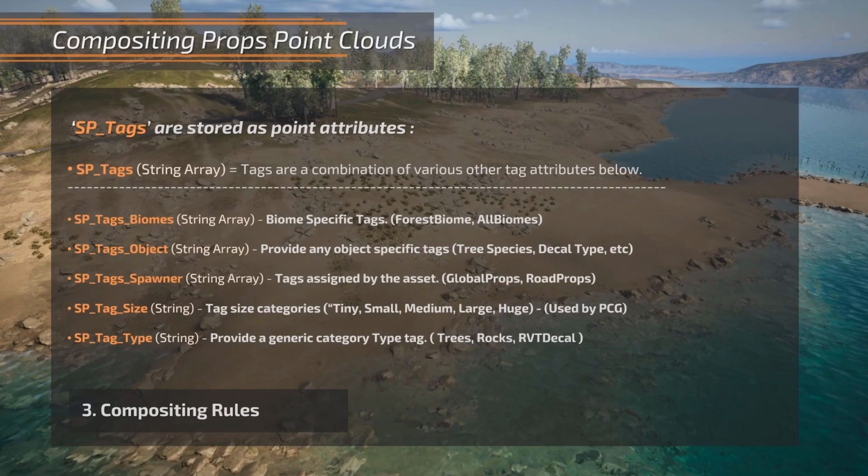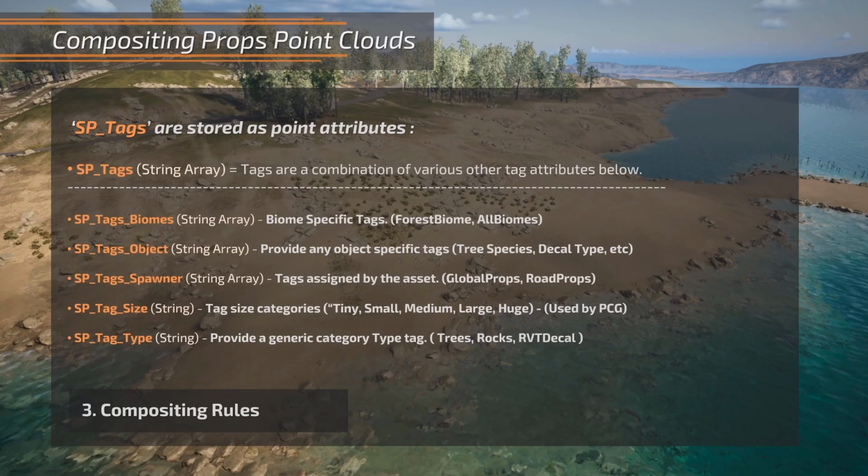There's the object tags, which are tags provided with the objects. We can actually set that in the data table for the biome spawner, for instance. And we can say, for example, that certain types of trees are a certain species of tree. Or we can say it's a certain type of decal, like road line or detail decal or pothole, that type of thing.